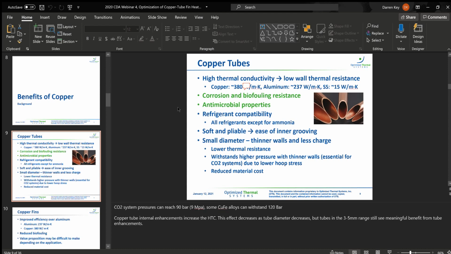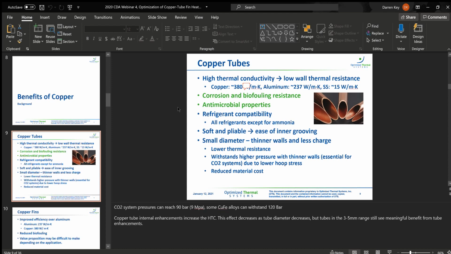So when designing for a CO2 system, for example, we can end up withstanding a lot higher pressures. I think there are some copper alloys out there that can withstand up to 120 bar, so pretty high pressure for those small tubes.